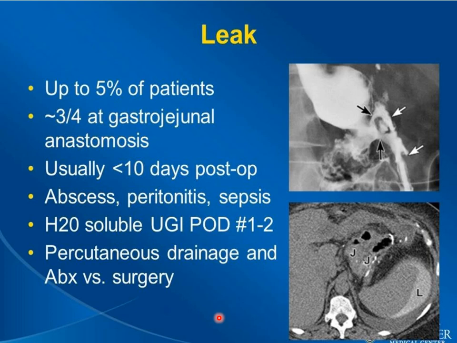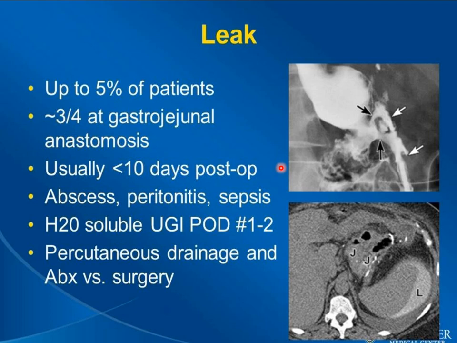Leak: up to 5% of patients will develop a leak, and a third of them at the gastrojejunal anastomosis, meaning the site of the anastomosis between the small pouch and the Roux limb of the jejunum. Usually less than 10 days post-operatively this complication occurs. Abscess, peritonitis, and sepsis may follow.